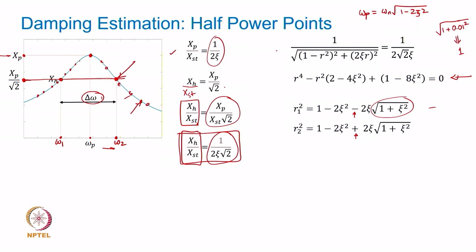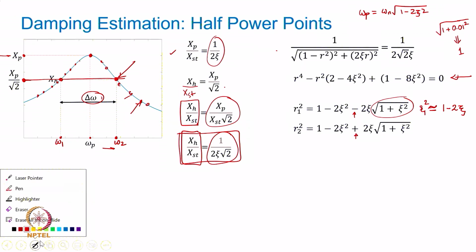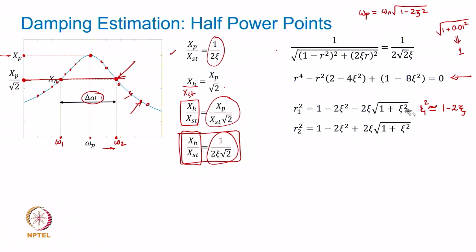So, it is perfectly valid for me to assume that this r1 square is approximately equal to 1 minus 2 zeta from the first expression. So, I am basically writing here r1 square, this expression which I have got here, is written as this, and from the second expression, r2 square, I am writing as 1 plus 2 zeta.